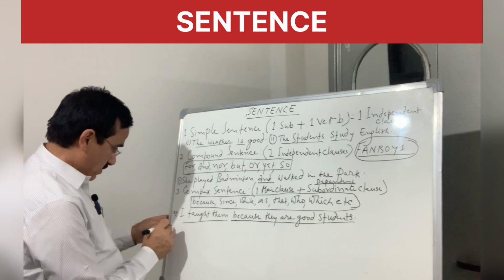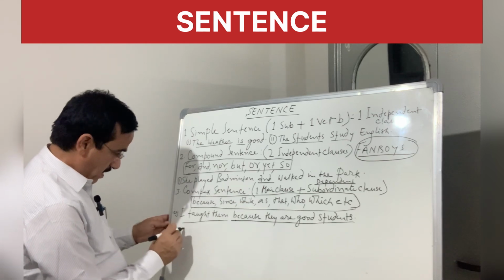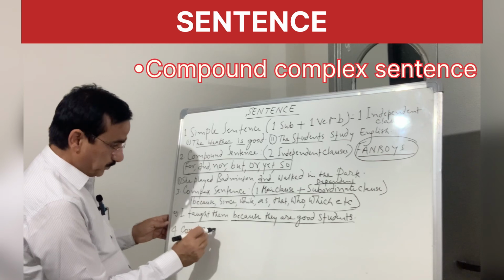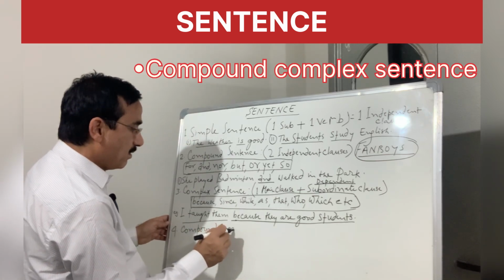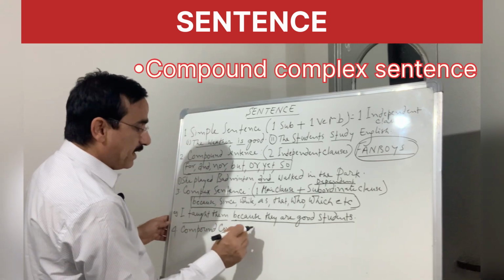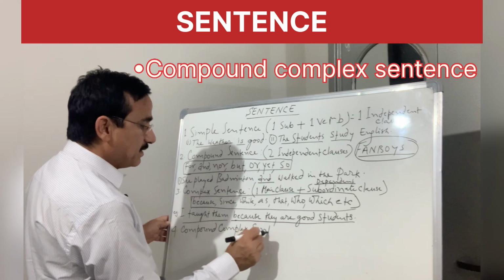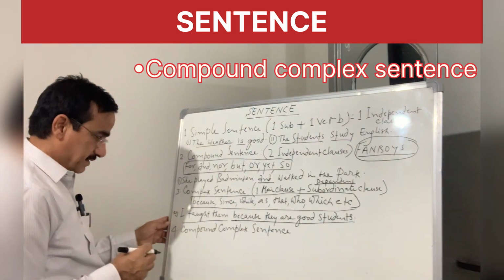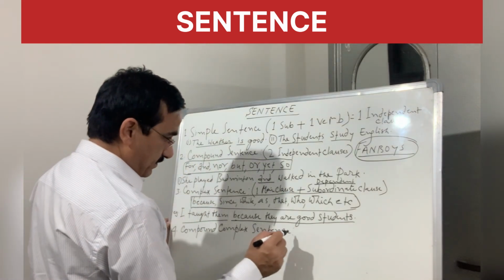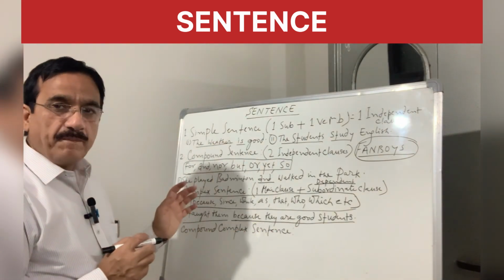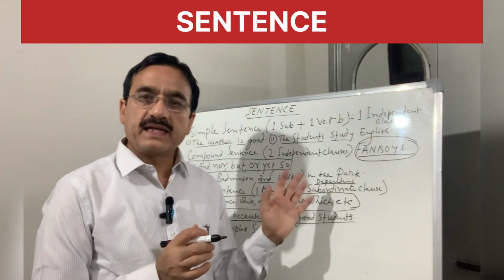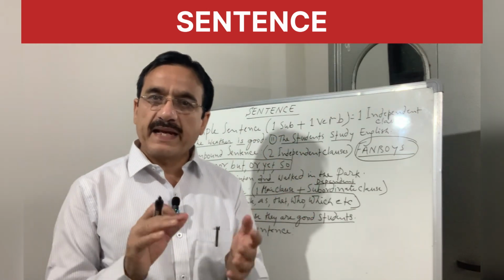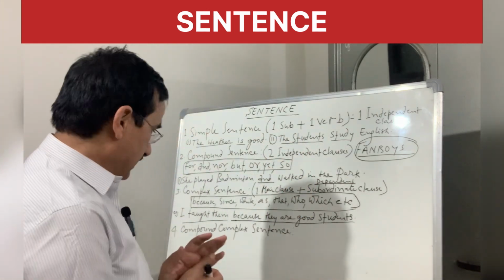And now compound complex sentence. As is clear from this, compound complex means it has some features of compound, some characteristics of complex sentence.